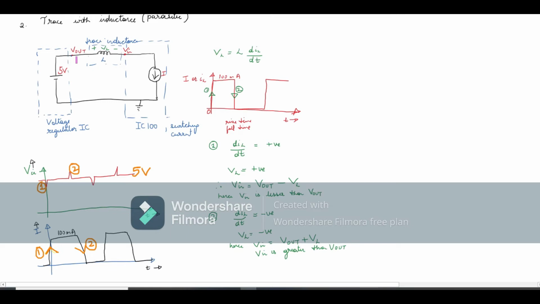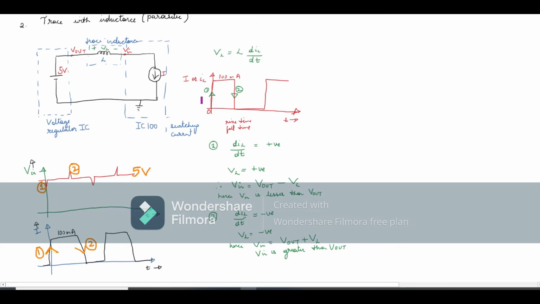Hence, in the circuit, I've added inductor L, which indicates the parasitic inductance or trace inductance. We know voltage across the inductor is given by V equals L di by dt.